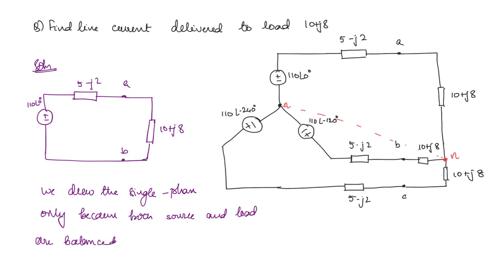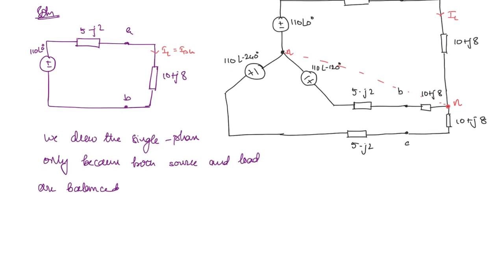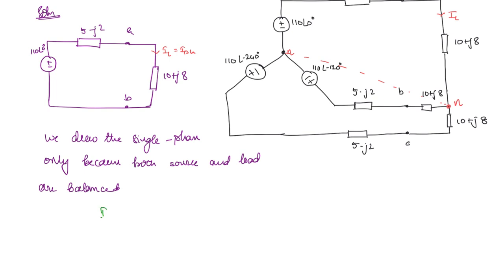So now what is the actual quantity that you need to find out? The line current. Here line current and the phase current are same for a star connected load. So this is the load current, and this is what we have to find out. So what will be IL here?